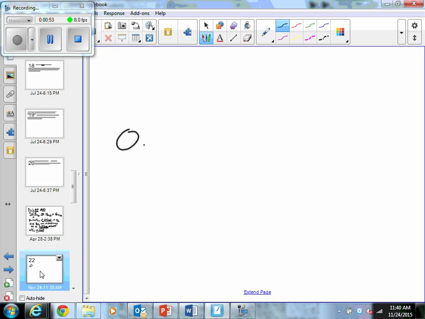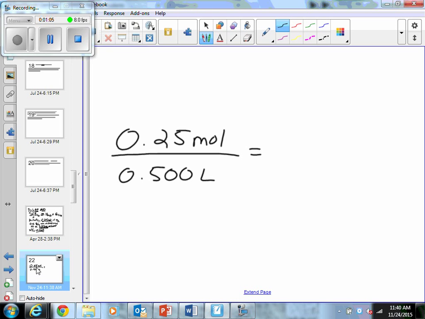So if we take 0.25 moles and divide it by the size of the container, which was 500 mL, so 0.50 liters, we get 0.5 moles per liter of each H2 and Br2.